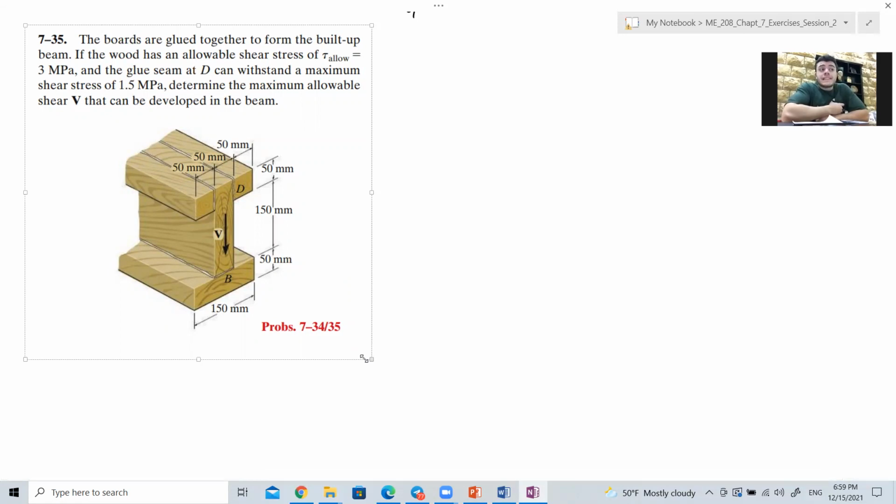If the wood has an allowable shear stress of 3 megapascal and the glue at D can withstand a maximum shear stress of 1.5 megapascal, determine the allowable shear V that can be developed in the beam.